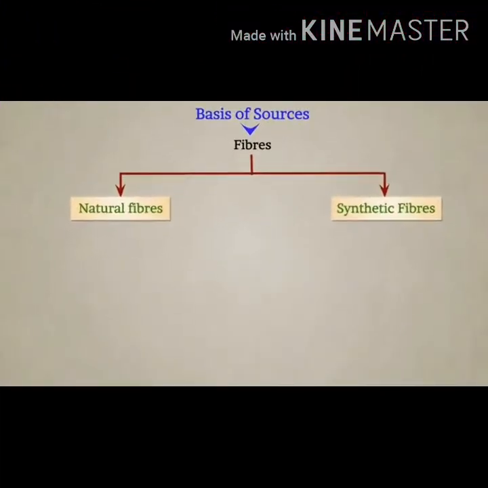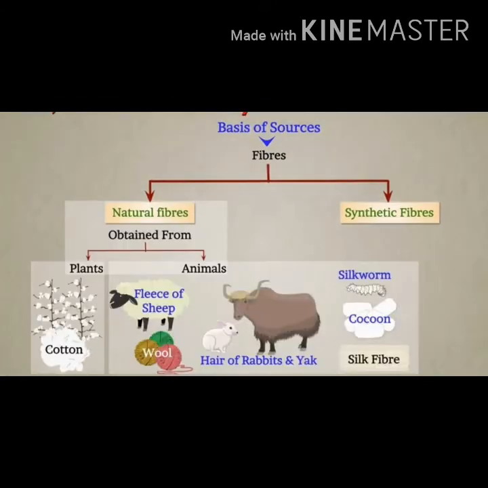Next, on the basis of the sources from where we obtain fibers, fibers are basically classified into two types: natural fibers and artificial fibers. You have all learned these things in your earlier classes. Natural fibers, by the name itself, we can say we get natural fiber from nature, either from plants or from animals.